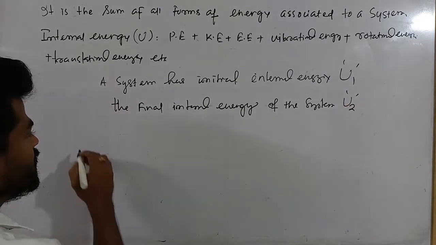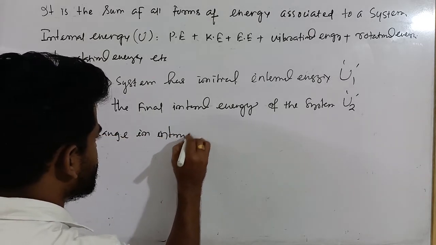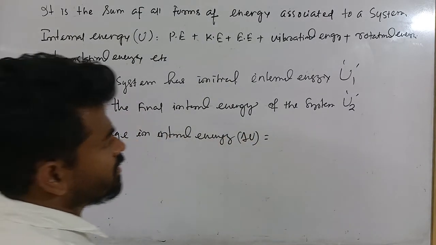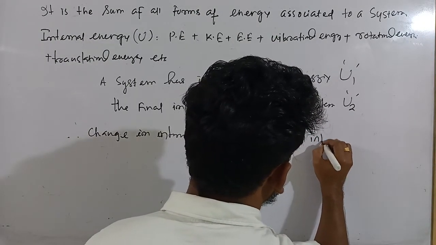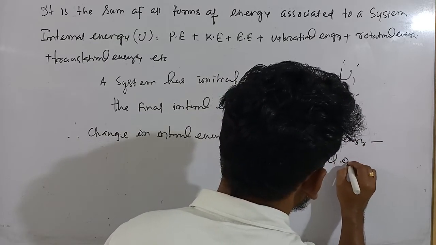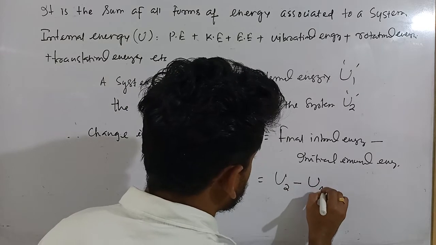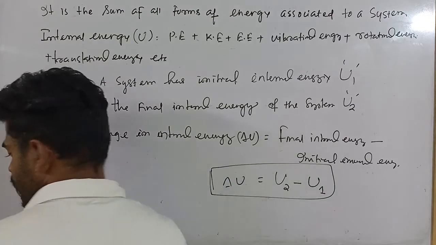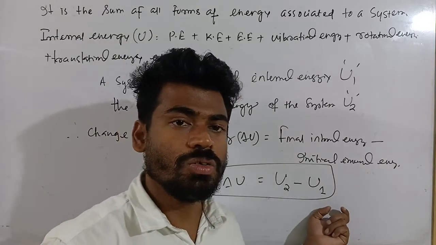So what is the change in internal energy? Change in internal energy, del U, is equal to final internal energy minus initial internal energy, that is U2 minus U1, equal to del U. This is the expression for change in internal energy, U final minus U initial.